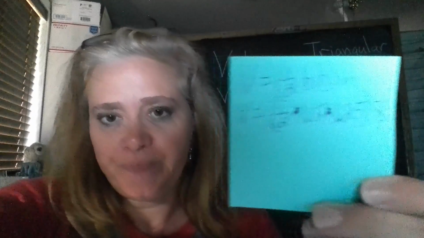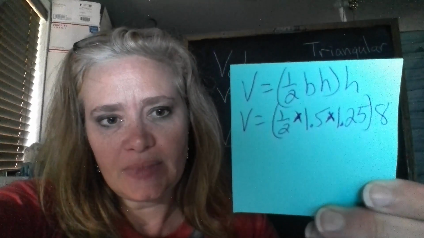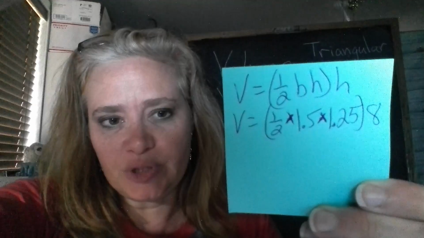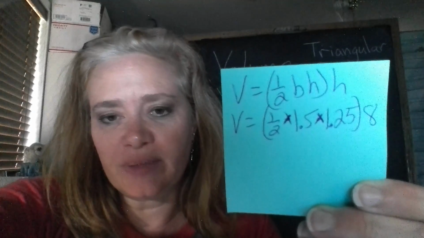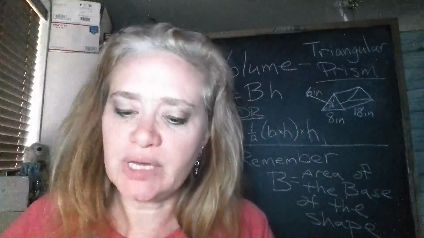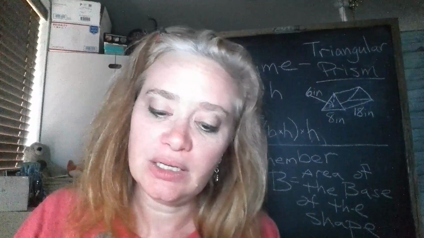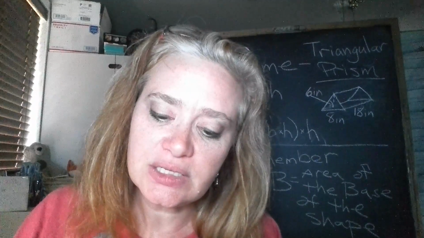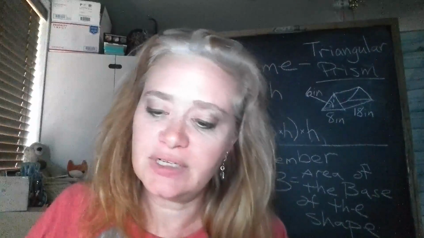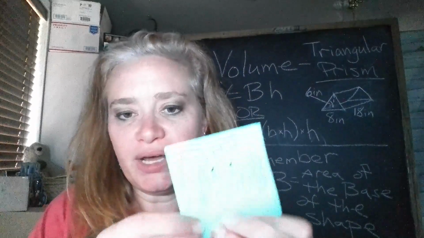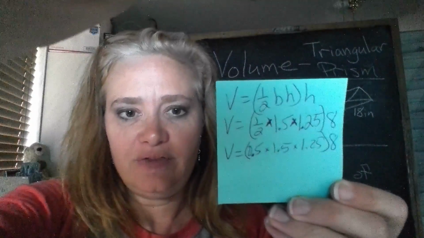So I multiply my decimals and my fraction. I could change that to 0.5 if that makes me happy, so it doesn't look quite so intimidating. So we find 0.5 times 1.5 times 1.25 and then times that whole height of 8.